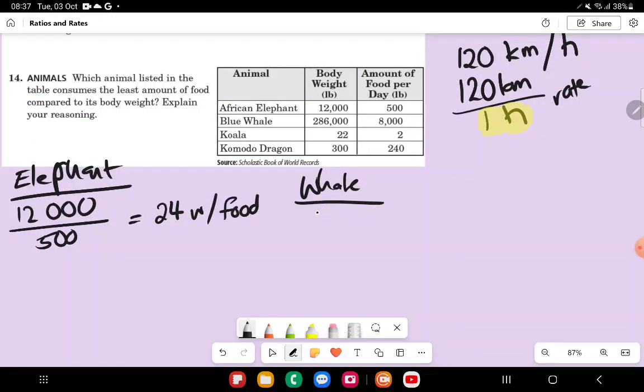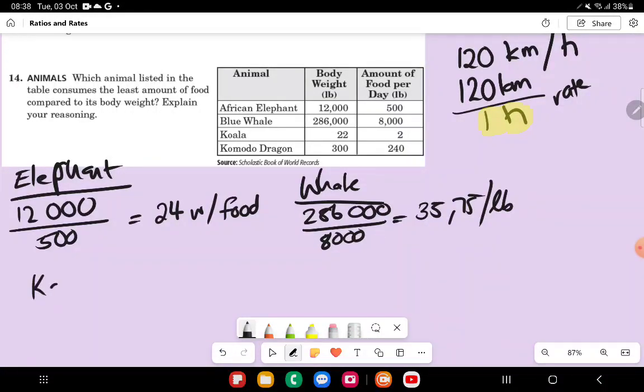The whale says 286,000 per 8,000. So 286,000 divided by 8,000 gives us 35,75 per pound of food.